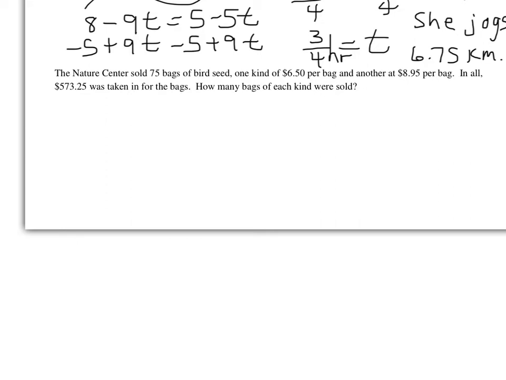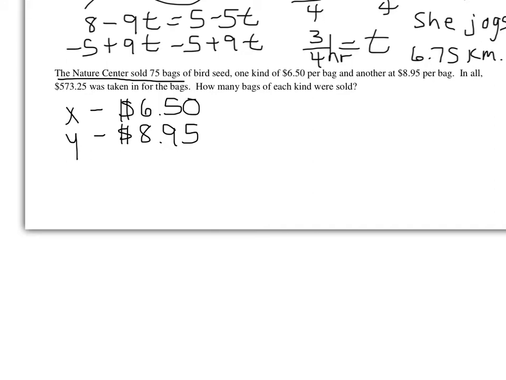So we have two different kinds of bird feed. Let's let x stand for the number of 6.50 bags. Let's let y stand for the number of 8.95 bags. Now we know that there's a total of 75 bags. So x plus y equals 75.